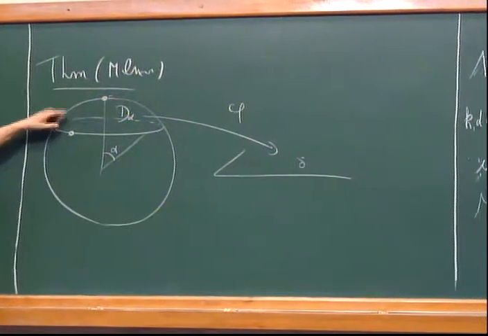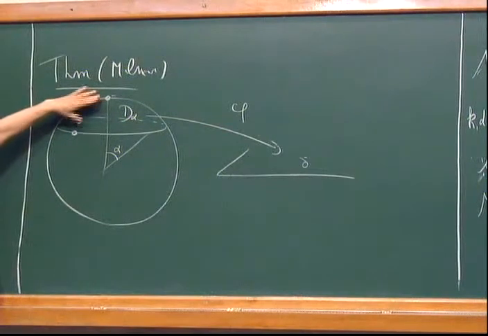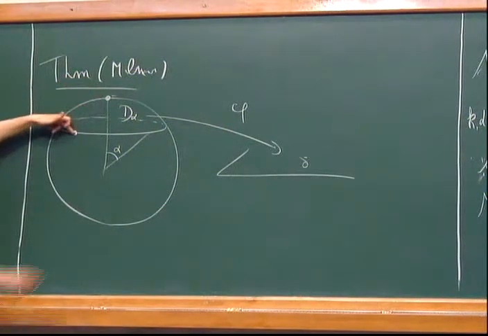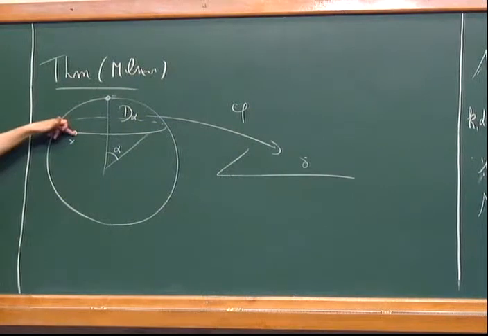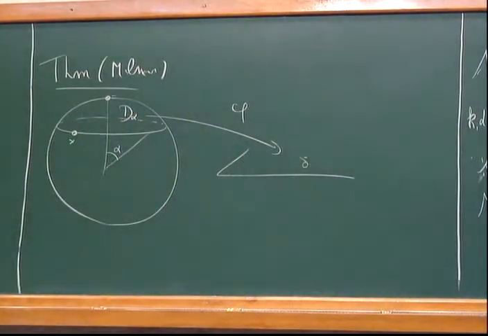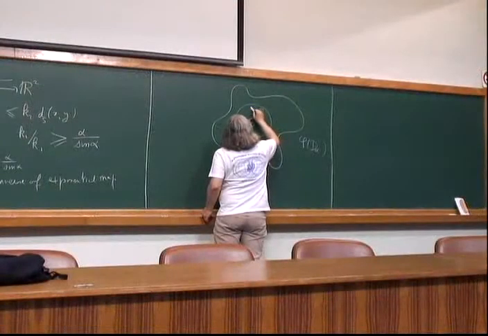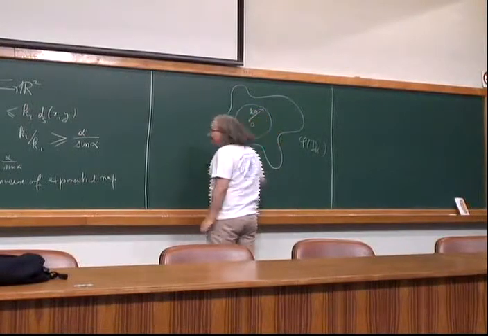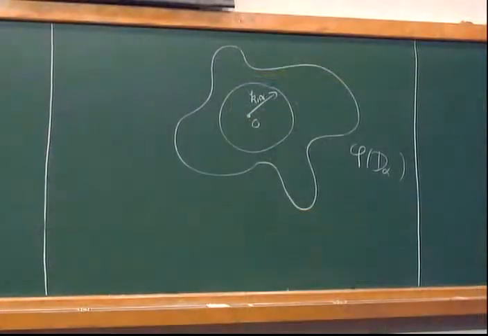Therefore the images of the two points, the North Pole and x, are at a distance at least k1 alpha, which means that the boundary of this Jordan domain is at a distance at least k1 alpha from the origin. In other words, the circle of radius k1 alpha is completely contained in the image of the map.